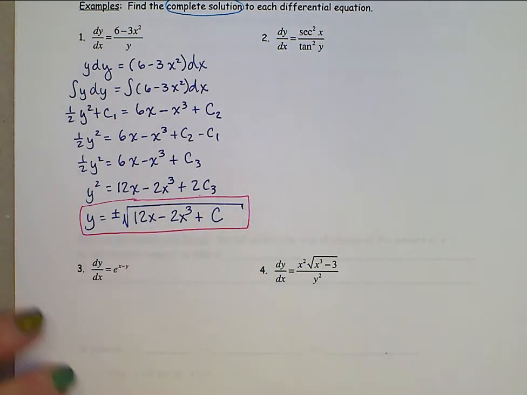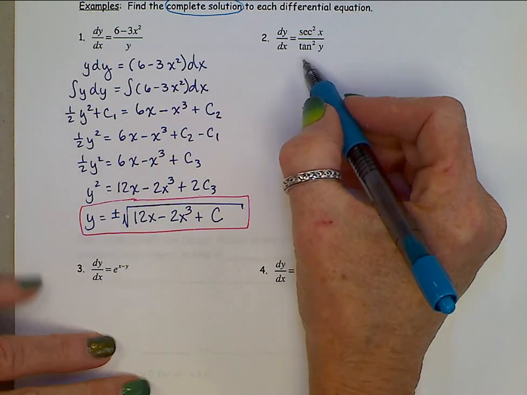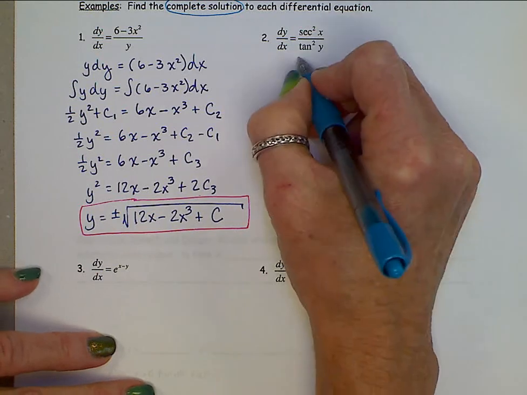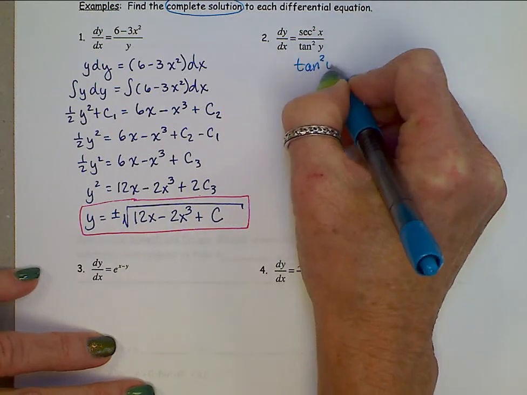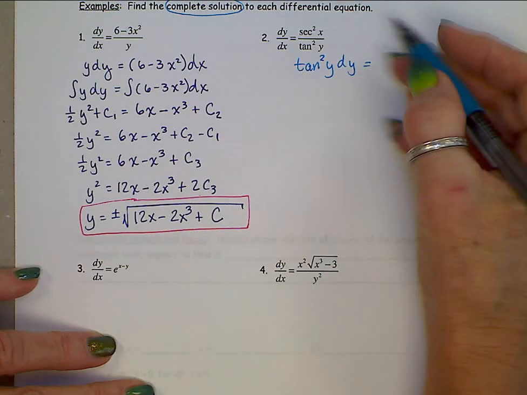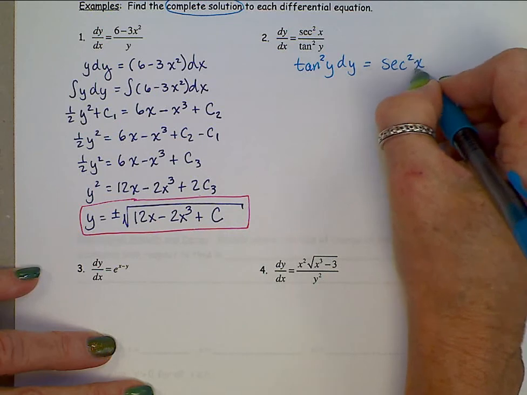Looking at number 2, let's multiply by tangent squared y. So we'll have tangent squared y dy, and on the right hand side multiply by dx to both sides, so we'll end up with secant squared x dx.